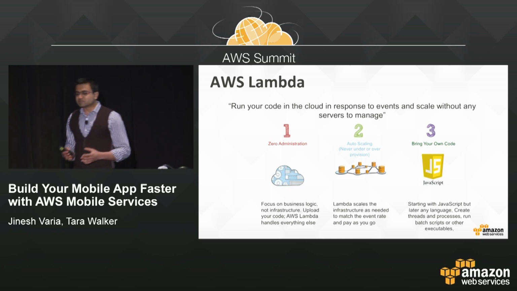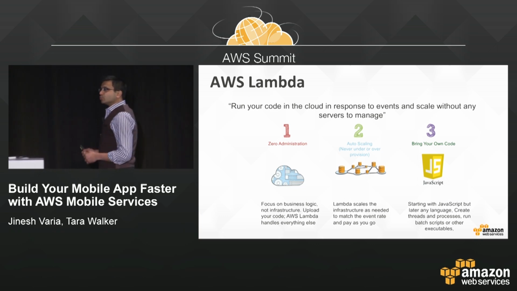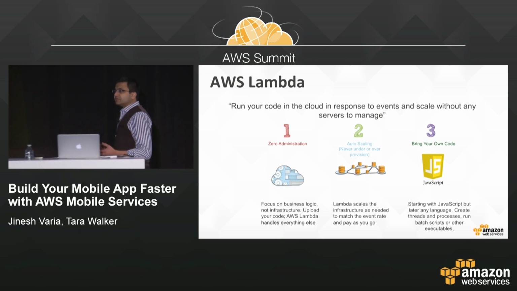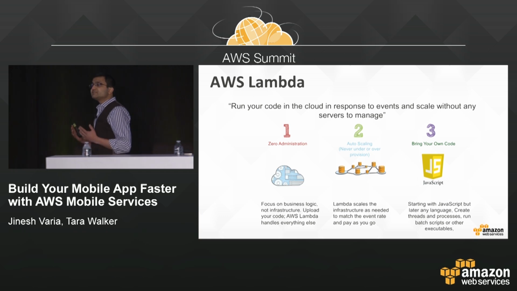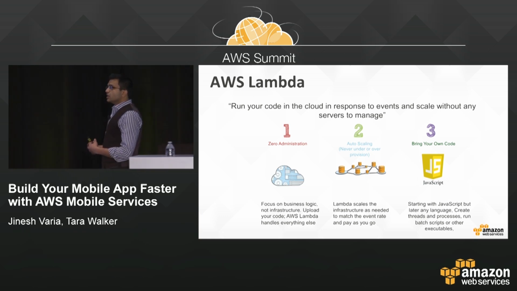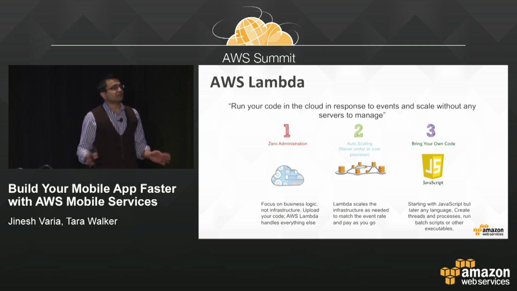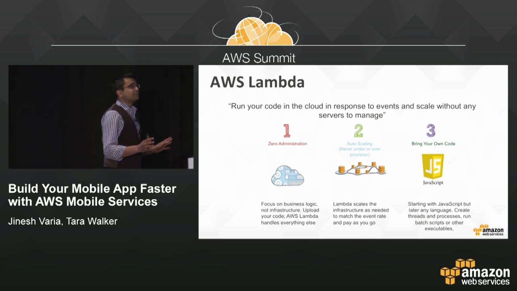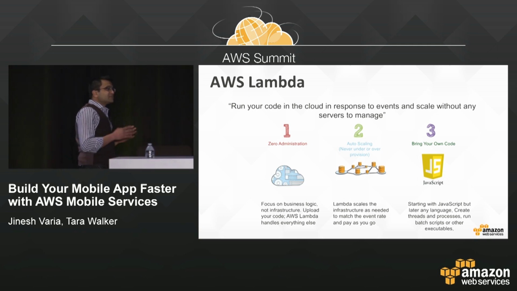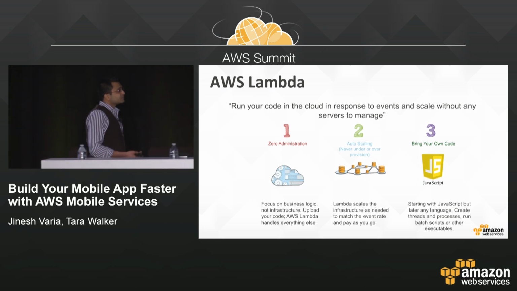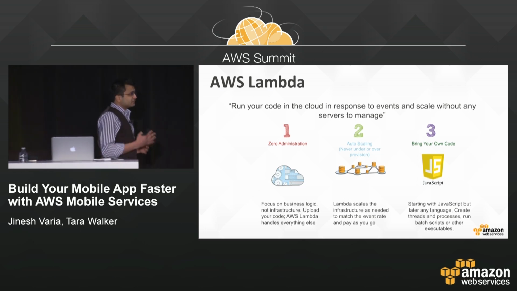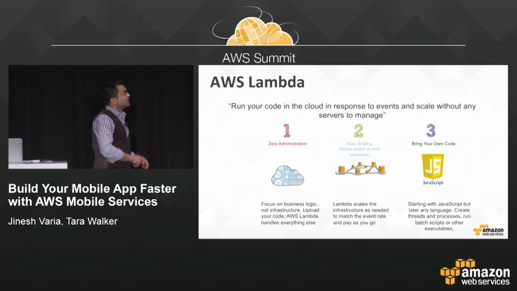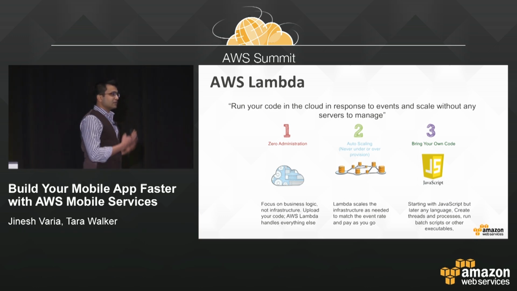AWS Lambda is a powerful way to run any code that you want, built in a completely stateless environment, and scaled in a way that you do not have to worry about any server management or server operation and so forth. AWS Lambda is an event-driven compute service that can run any code that you like. We start with JavaScript. Java is coming soon, and other languages will also be supported.